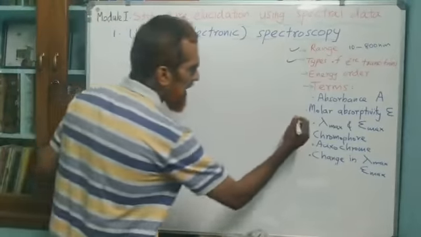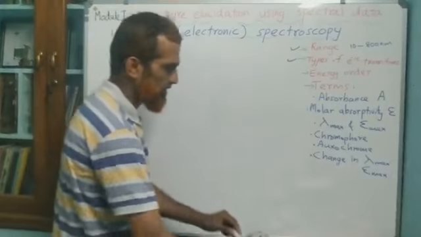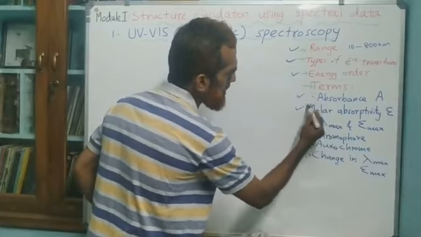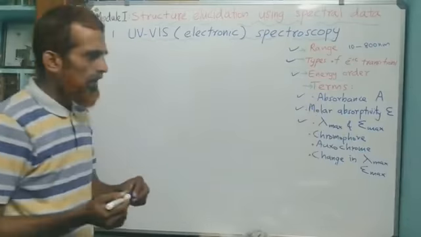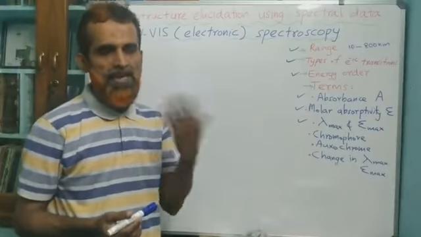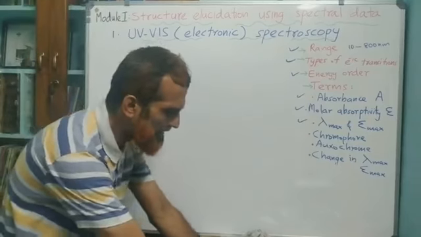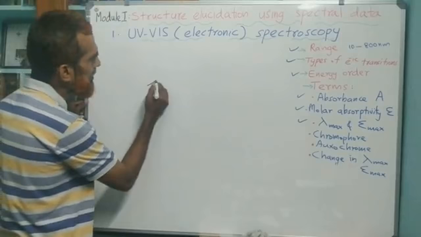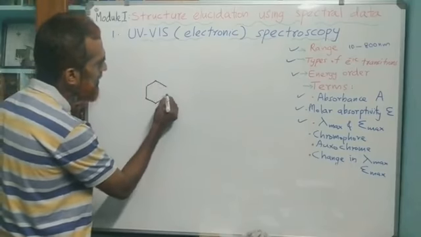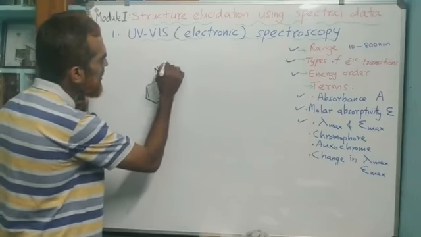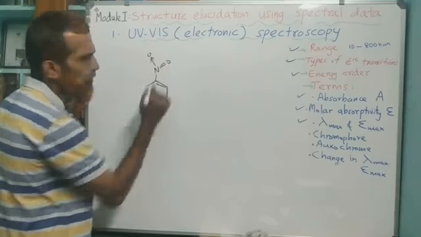Then the next terms. We have discussed absorbance and these ones, and now what are chromophore and auxochrome? Again, this is a theoretical term which you might have learned. If you consider, for example, a molecule like nitrobenzene, you know that nitrobenzene has a light yellow color.